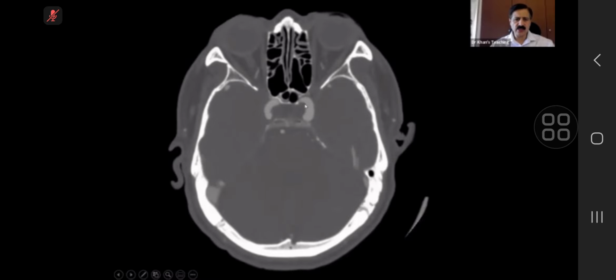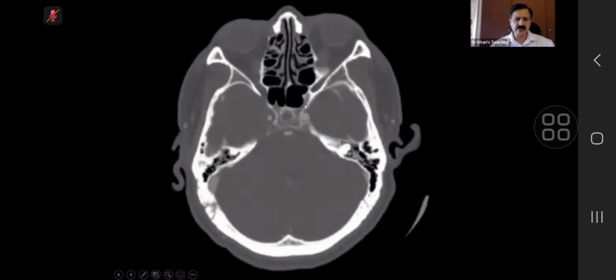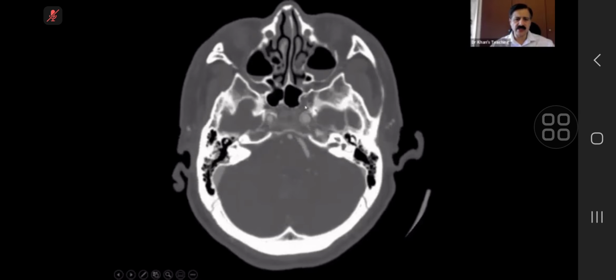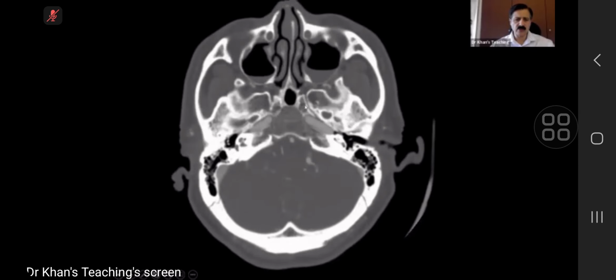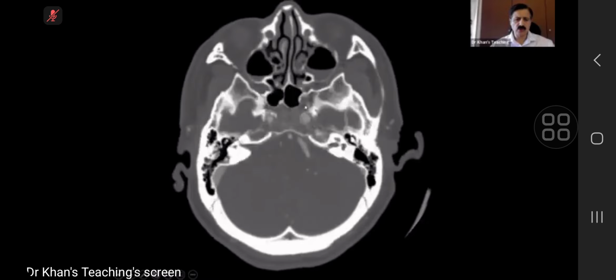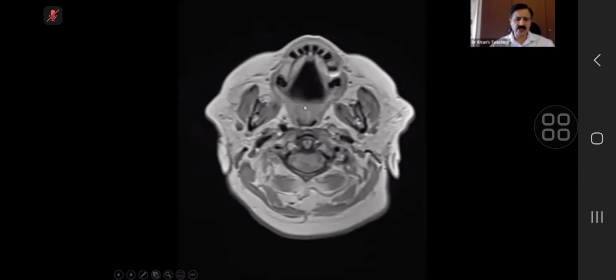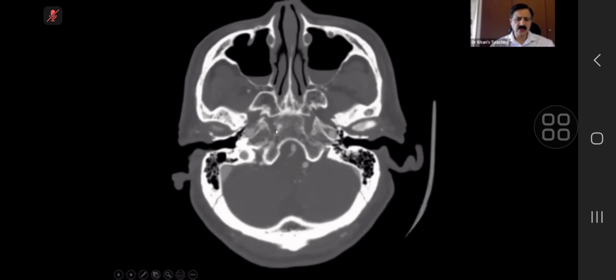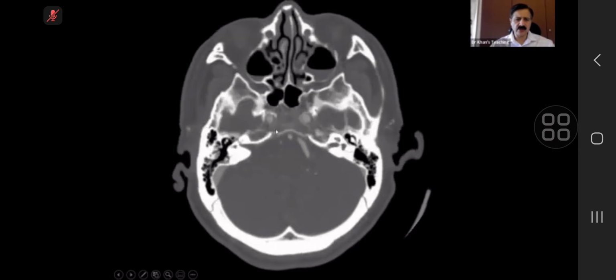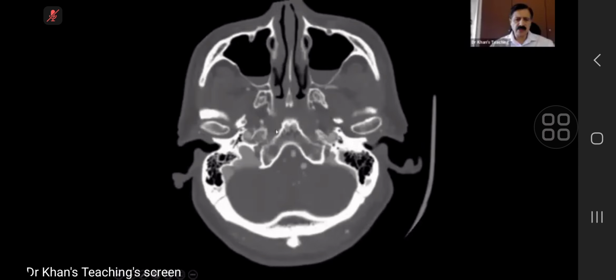Then when it goes anteriorly, it goes superiorly, and that is what we call the supraclinoid portion. I've not shown you more than that, but I just wanted to elaborate this anatomy within the carotid canal and the cavernous portion.